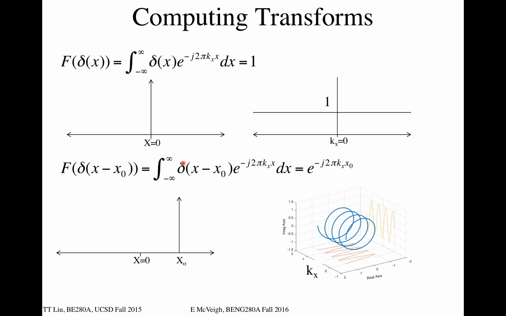So let's look at it graphically. Here's the delta function at the origin in terms of what its value is as a function of kx when we take the Fourier transform. This thing, which is a function of kx, is 1 everywhere. And what that means is that a true delta function has an infinite number of frequencies required to reconstruct it.